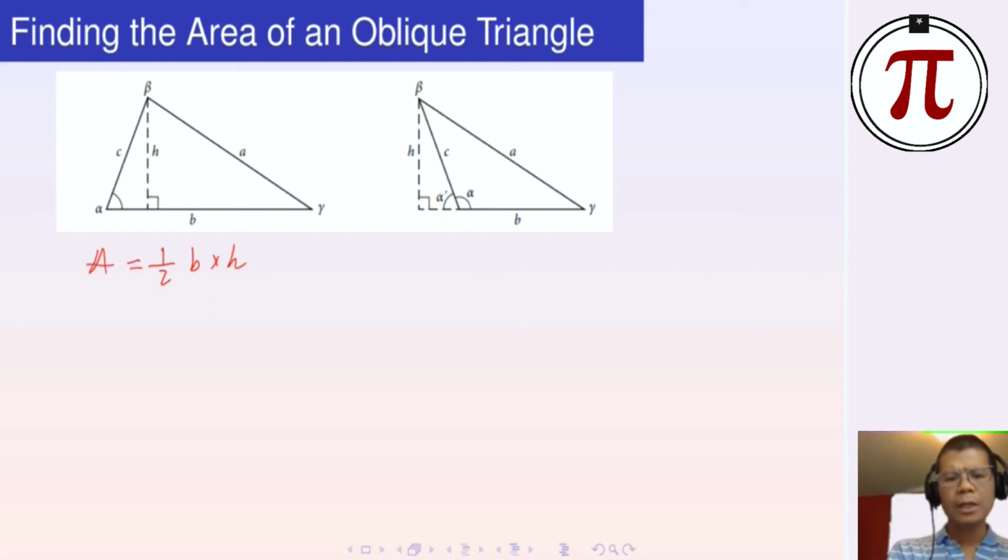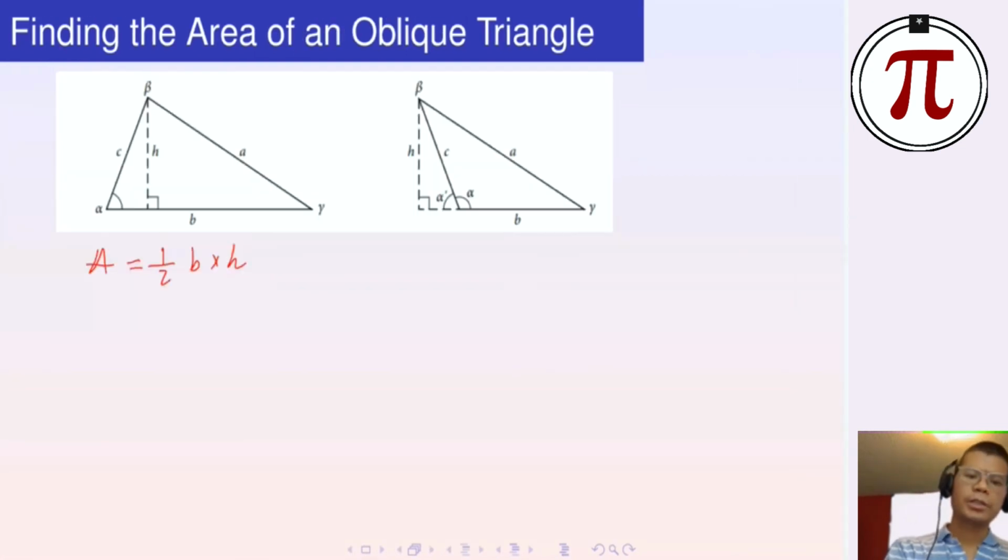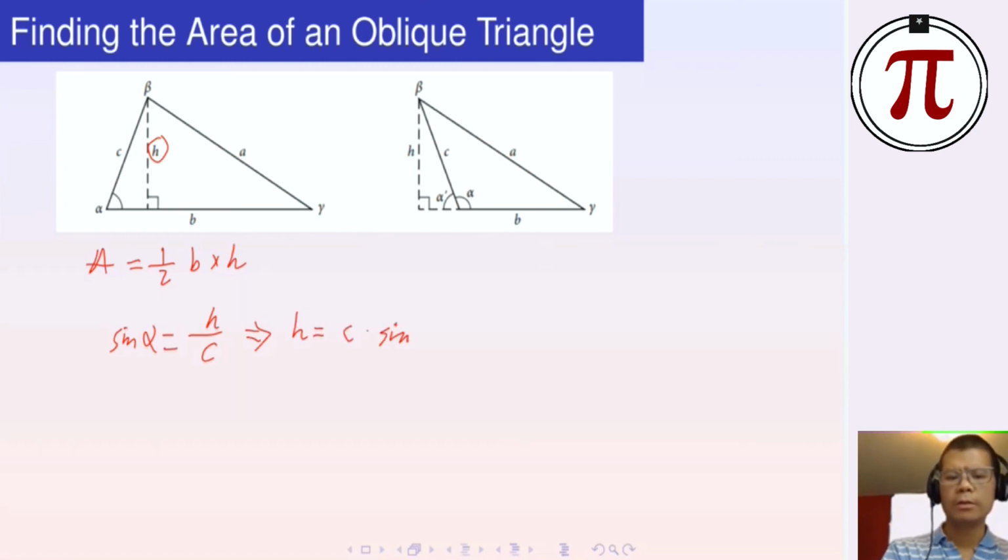But what is h, right? What is h? Now it seems like you can write this, for instance, this is alpha, and this is c. Now sine of alpha is what? h over c, yes? So this implies that h equals what? c times sine of alpha, correct?